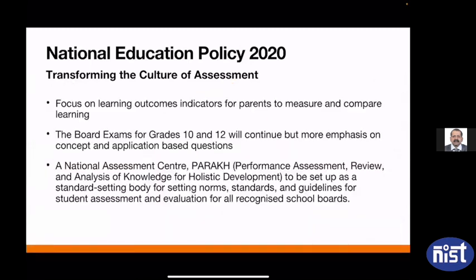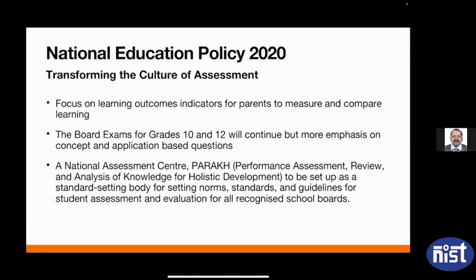And then a national assessment center, Parakh, will be set up as a standard setting body for setting norms, standards, and guidelines for student assessment and evaluation for all recognized boards.